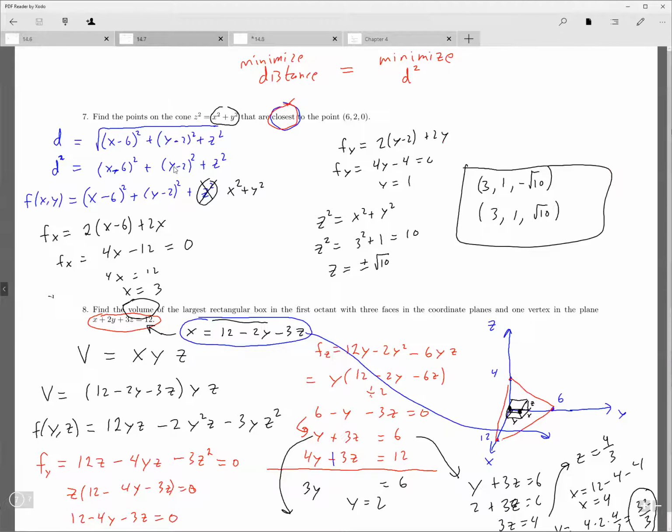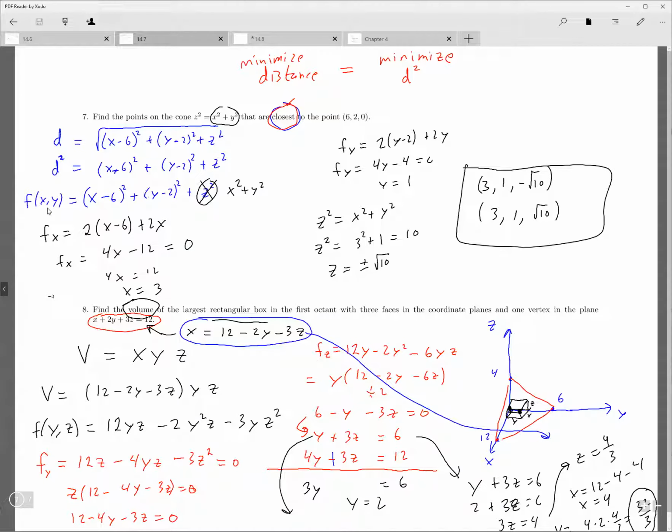Okay. The last few problems we just did in the previous section were of this kind, because right here, for example, this is your constraint. It's just not written like a g, because you would have to pull these things over to the other side. So you'd have maybe x squared plus y squared minus z squared equals 0, and then x squared plus y squared minus z squared would be your g.